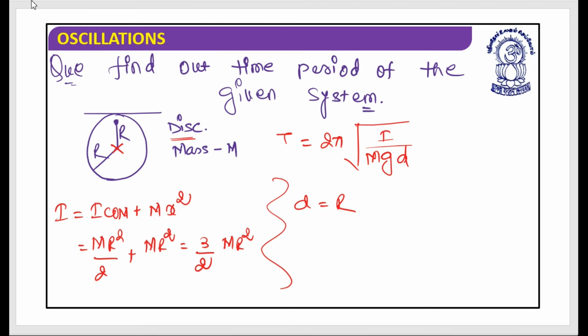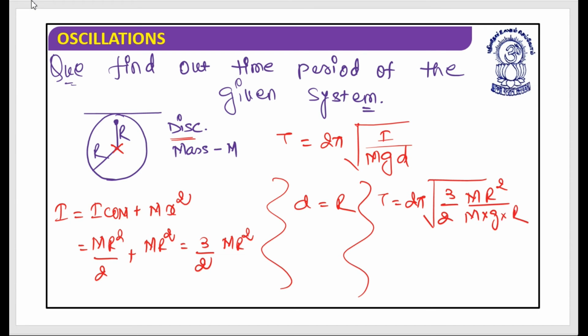So let's put this data into the formula, which equals 2 pi root of I by mgd. I is 3 by 2 mr squared, divided by m into g into r. This cancels, this cancels, and this equals 2 pi root of 3r by 2g seconds.